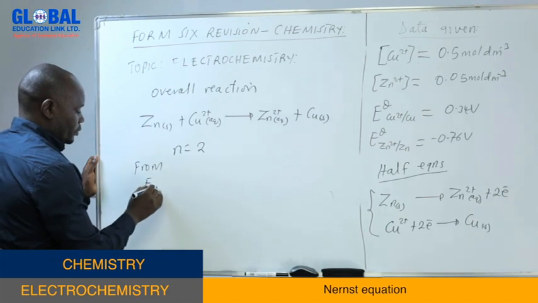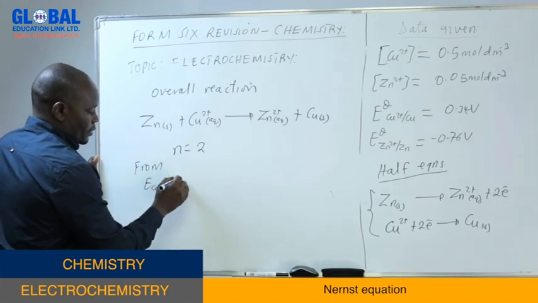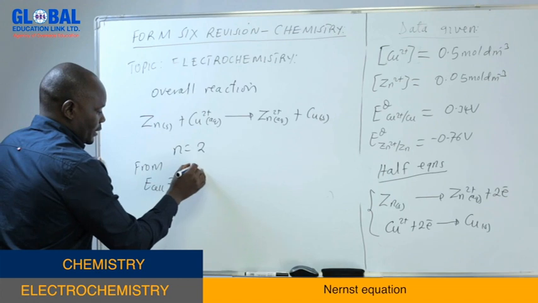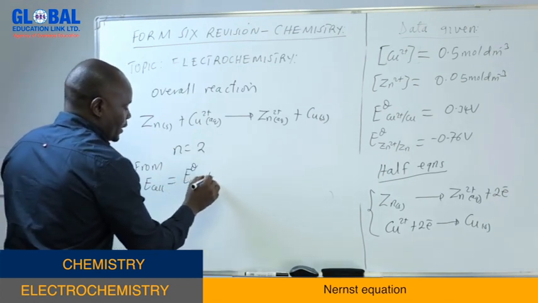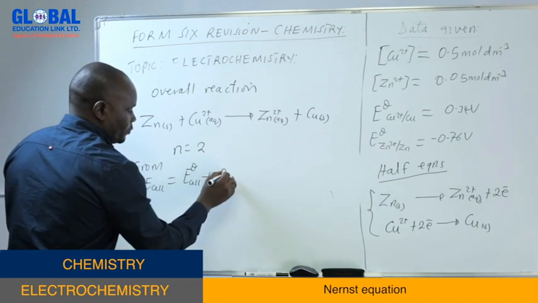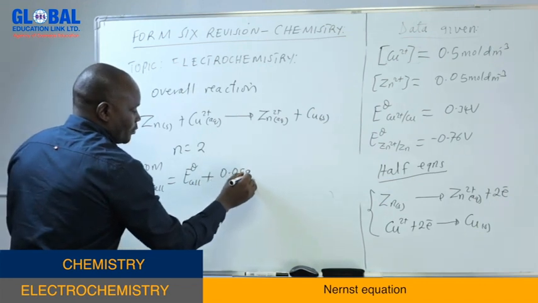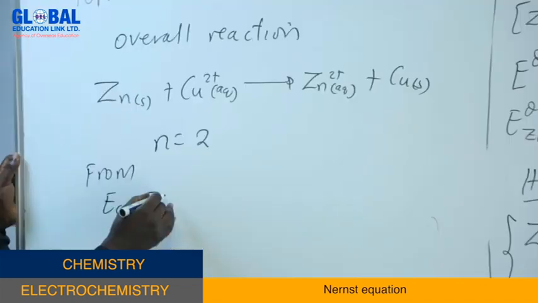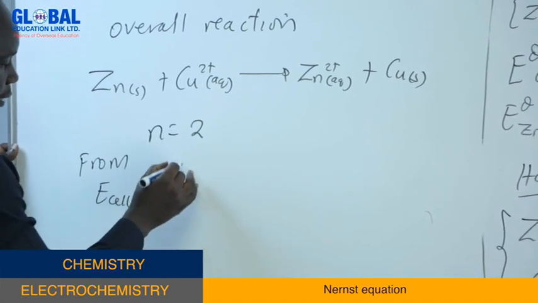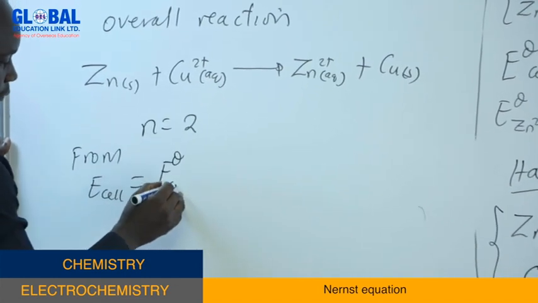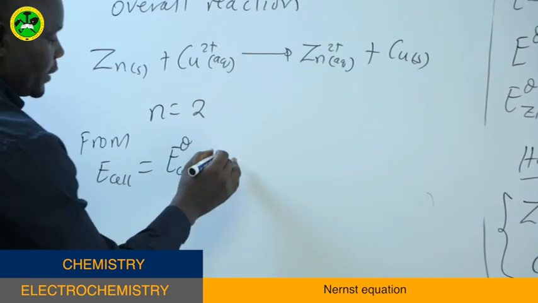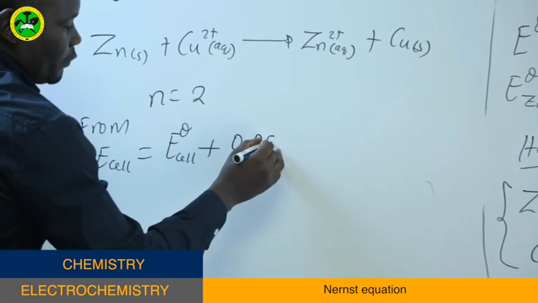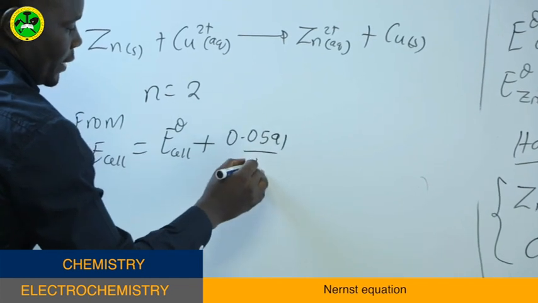the EMF of the cell is equal to the standard electrode potential, minus or plus, let us use plus, 0.0591 over n. Now n given there is 2, then times log of the reduced species, which is copper, and the concentration of copper here is 0.5.